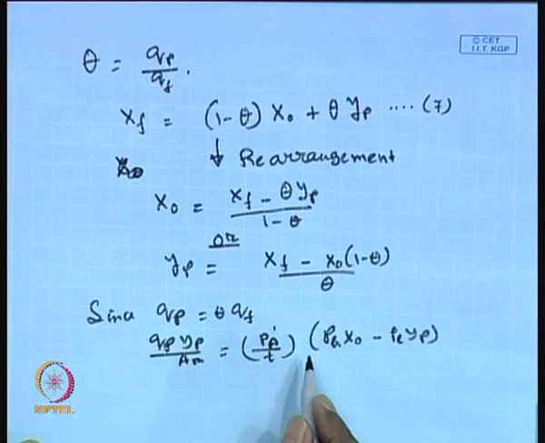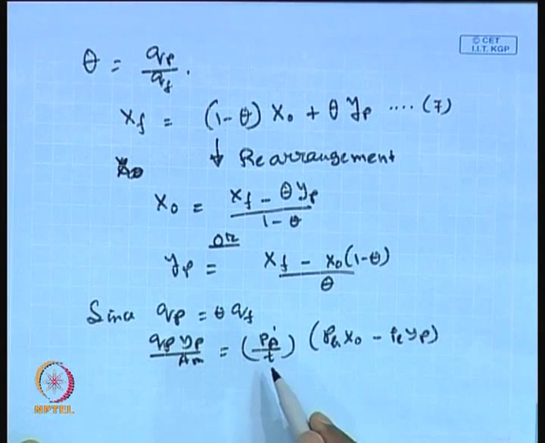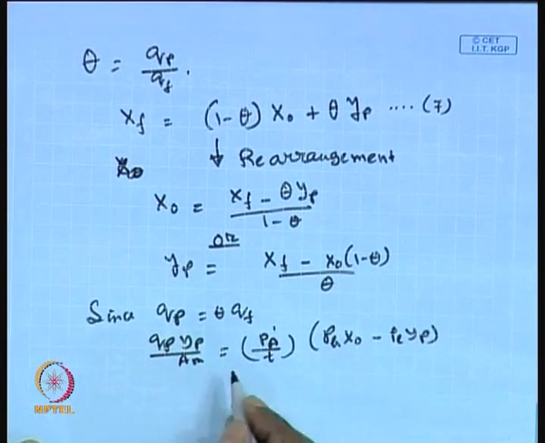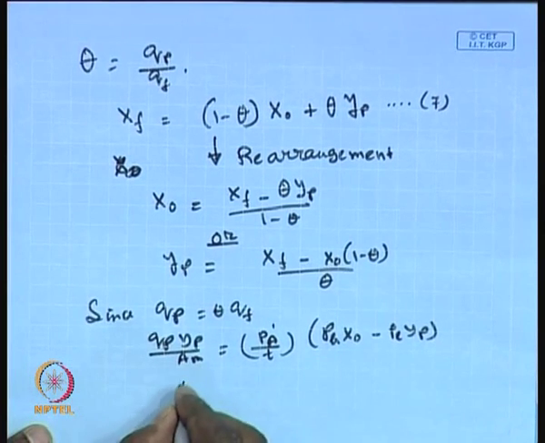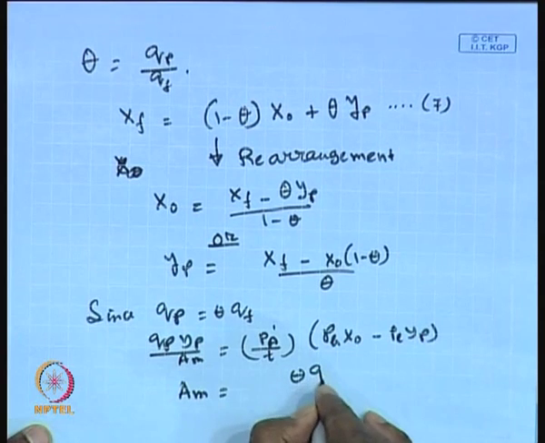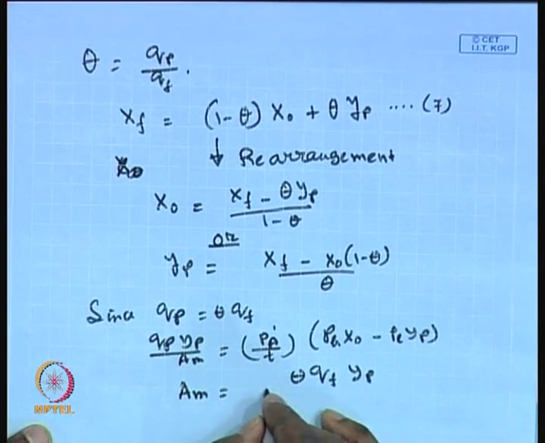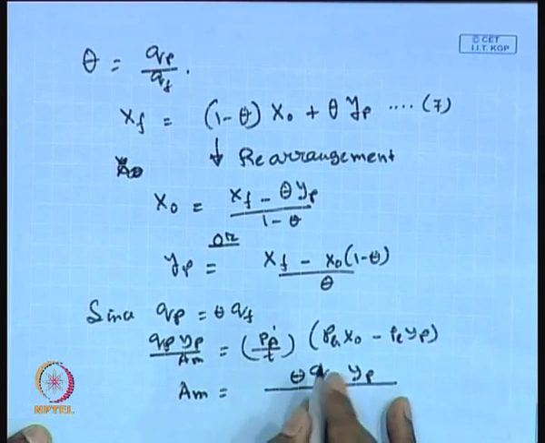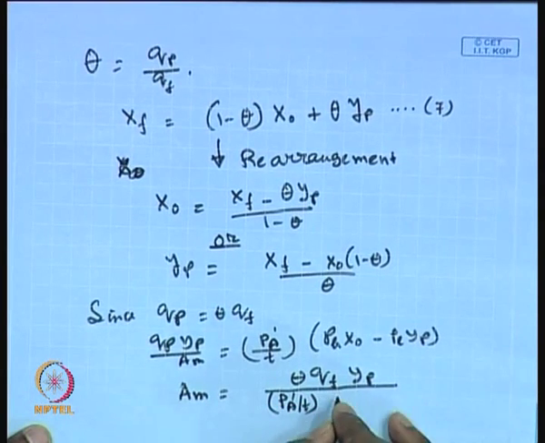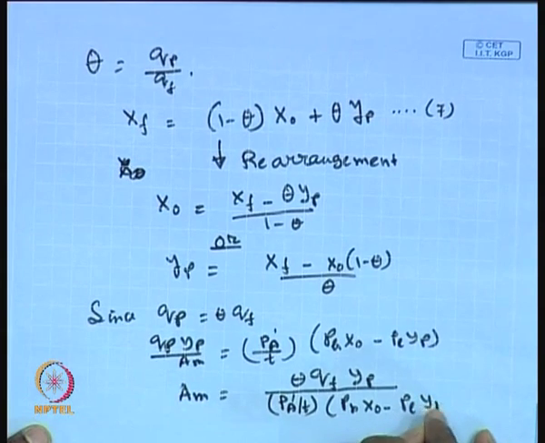This equation you have written earlier, that is the total flux of species A that is going into the permeate stream through the membrane. From this, one can calculate the value of membrane surface area. This will be theta times Qf times Yp divided by Pa prime divided by T into Ph x naught minus Pl Yp.